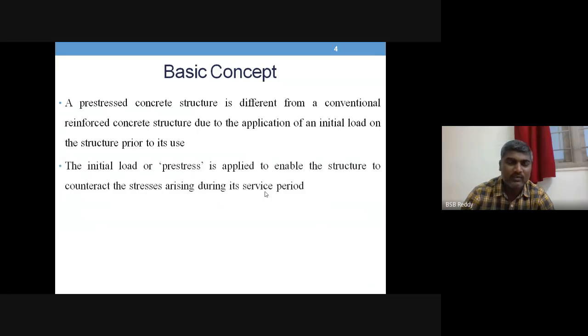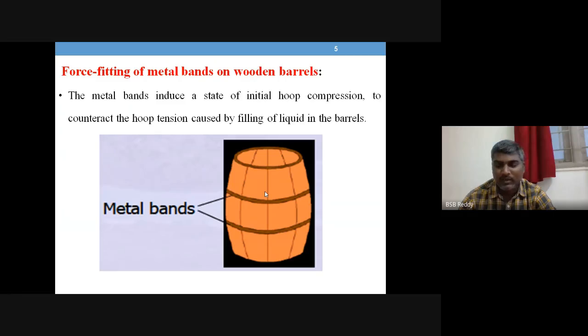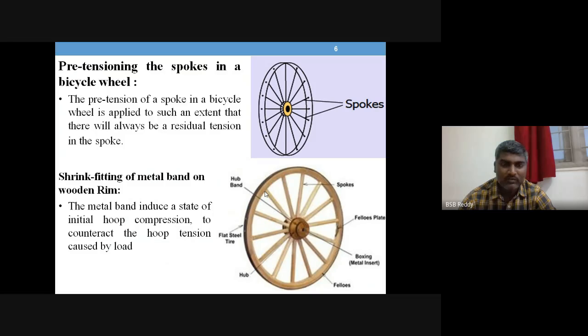So I'll just run through the slides, whatever we have covered in these contents. The basic concept is introduced first. What is pre-stress? And before the pre-stress concept was applied to concrete, where else had it been used prior to concrete?